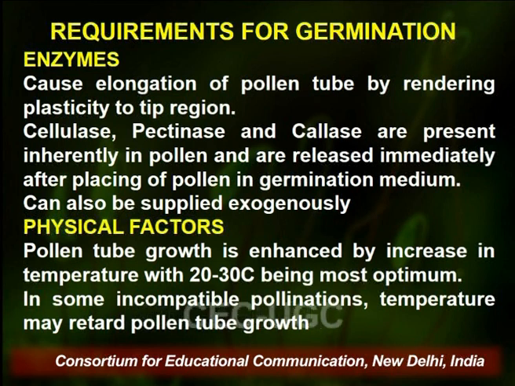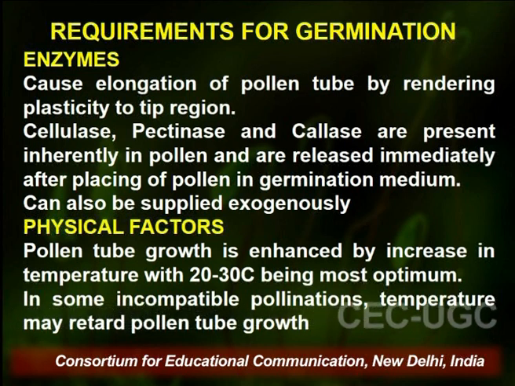There are enzymes which are very important in germination of pollen grains. These enzymes can cause elongation of the pollen tube by rendering plasticity and elasticity to the tip region. Cellulase, pectinase and callase are present inherently in the pollen and are released immediately after placing the pollen in germination medium.